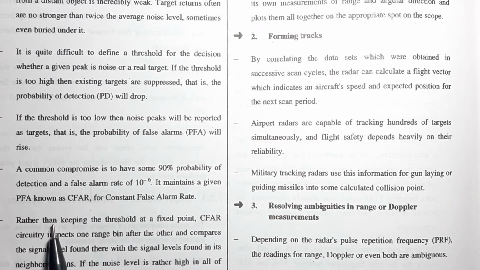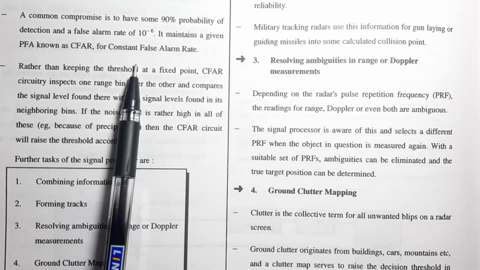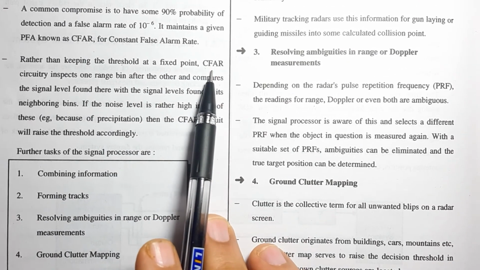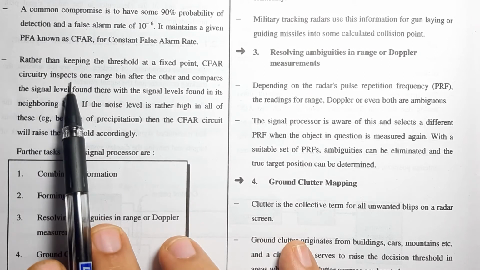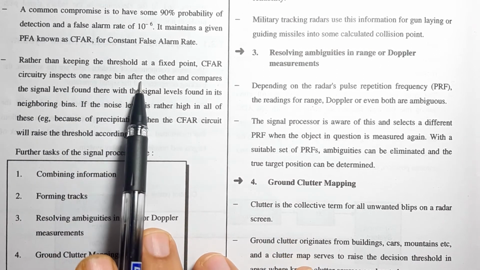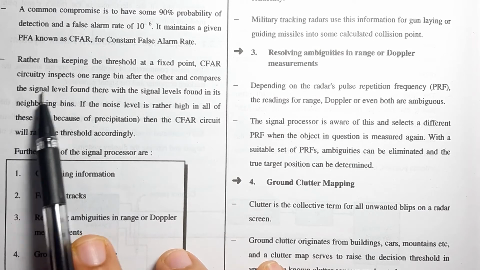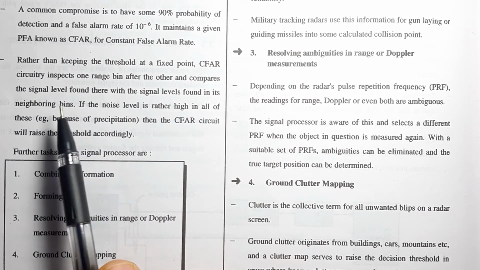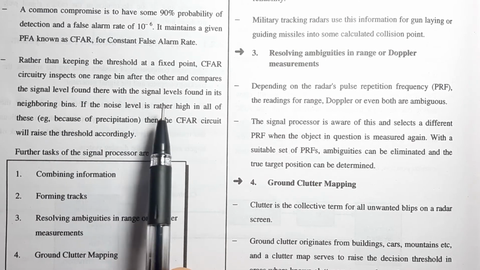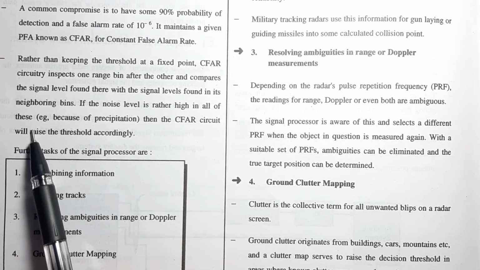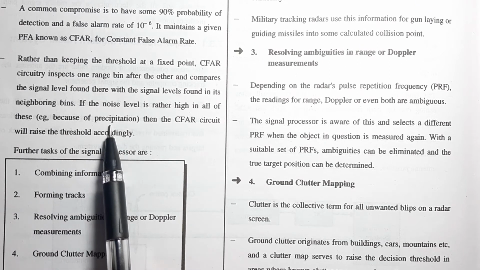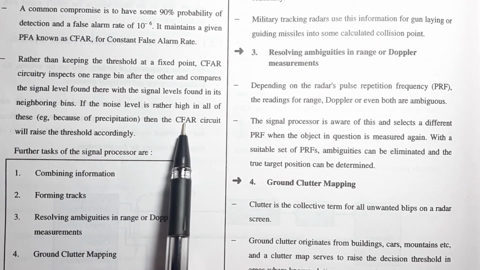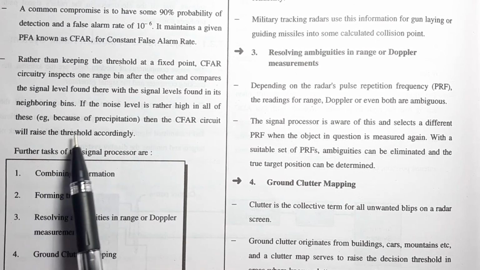Rather than keeping the threshold at a fixed point, your CFAR circuitry inspects one range bin after the other and compares the signal level found there with the signal levels found in its neighboring bins. For example, if the noise level is rather high because of precipitation or reflections returned from objects, then the CFAR, or constant false alarm rate, will raise the threshold accordingly.